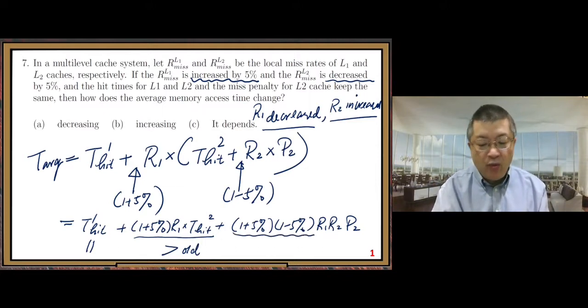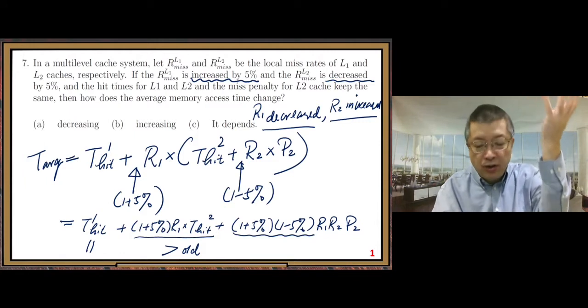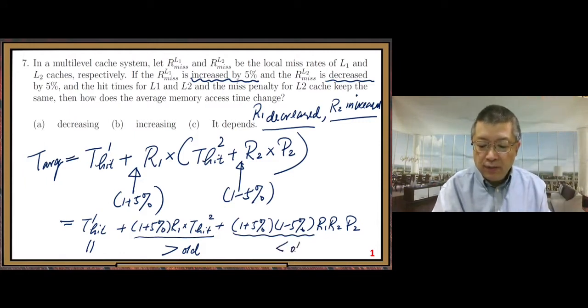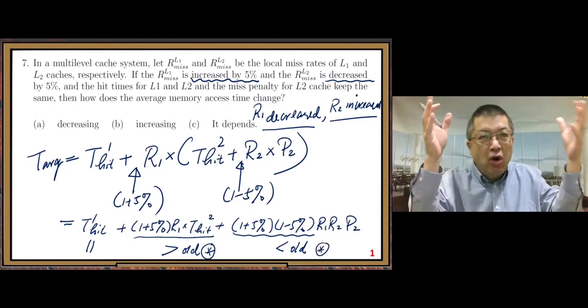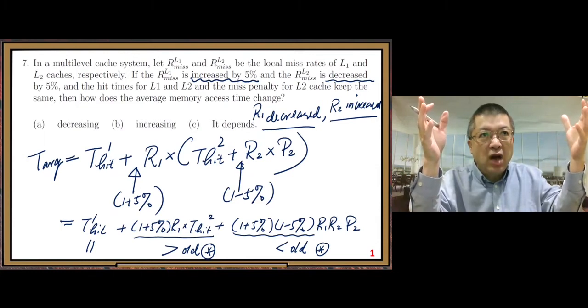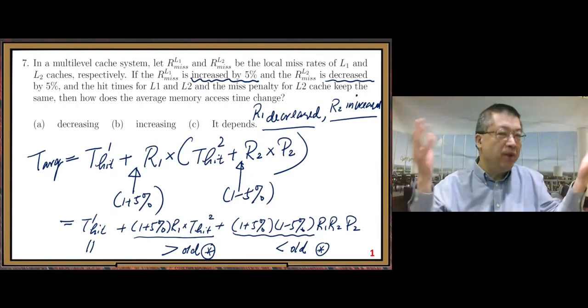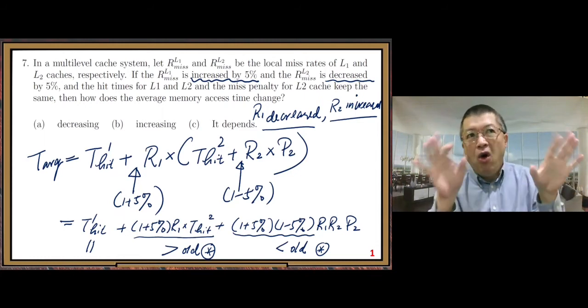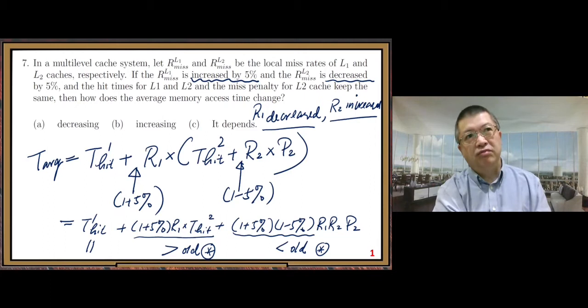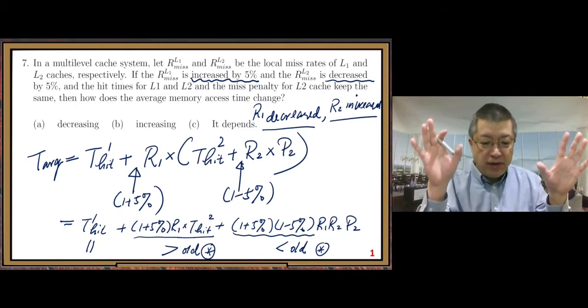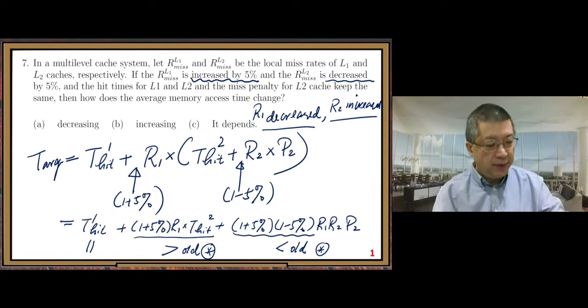The third term, compared with the older version, is less than the old one. Now, look at this: second term greater than, third term less than. Which one is bigger, which one is smaller? How do you know which one is bigger, which one is smaller? The point is here. If you notice this critical point, then you can answer the question correctly. So that's my hint for question number 7.